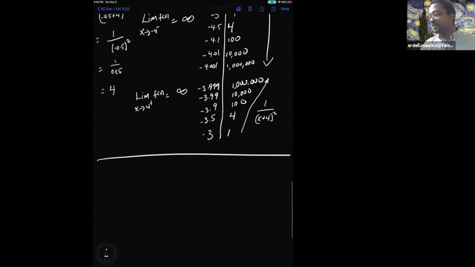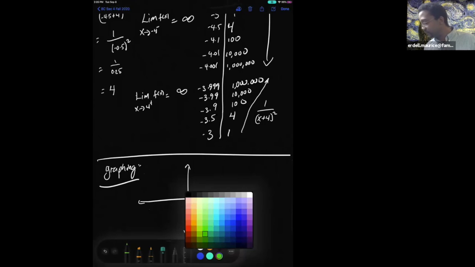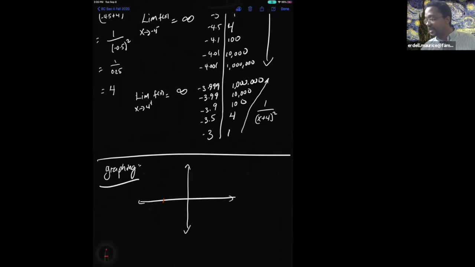Now, if I was to look at this in the graphing calculator, at -4 this graph will have an asymptote. So it'll be having extreme behavior at this point right here. And then on the left side, the graph is doing this, right? It's going to 10, then 100, and then 10,000, and so forth.